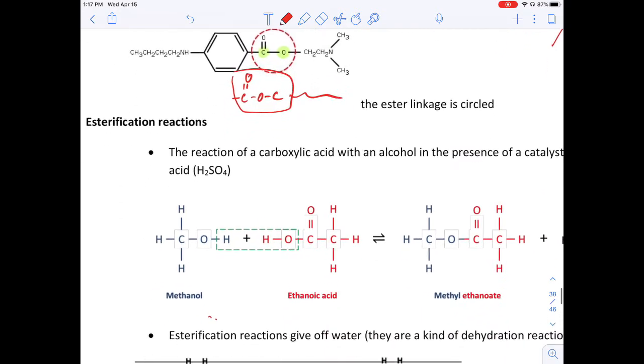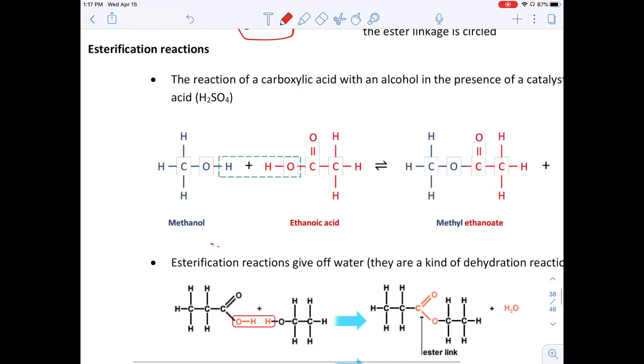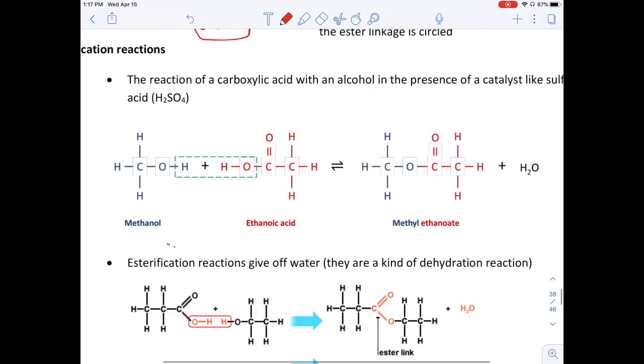Now we can produce esters in a lab by reacting an alcohol and a carboxylic acid. And these kinds of reactions are often referred to as a condensation type of reaction. So a condensation reaction produces water. When we did an elimination reaction with alcohols, it also gave off water and made double bonds.